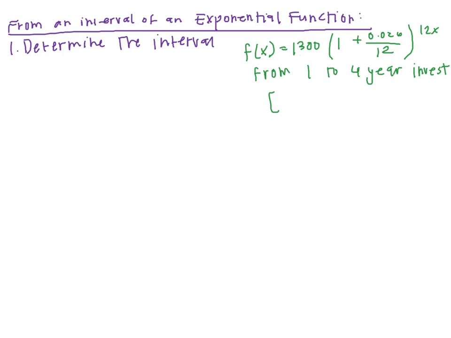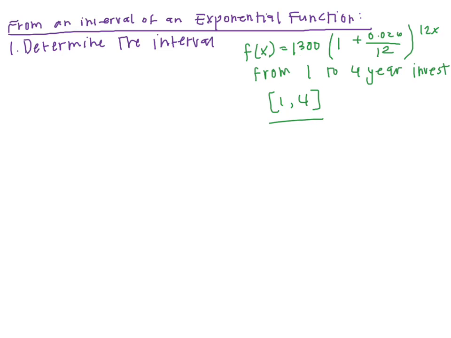So that means my interval is from 1 to 4. First step, I found my interval. In word problems, that will often be stated as, figure out the rate of change from this point of time to this point of time, or from this hour to this hour, or this day to this day.